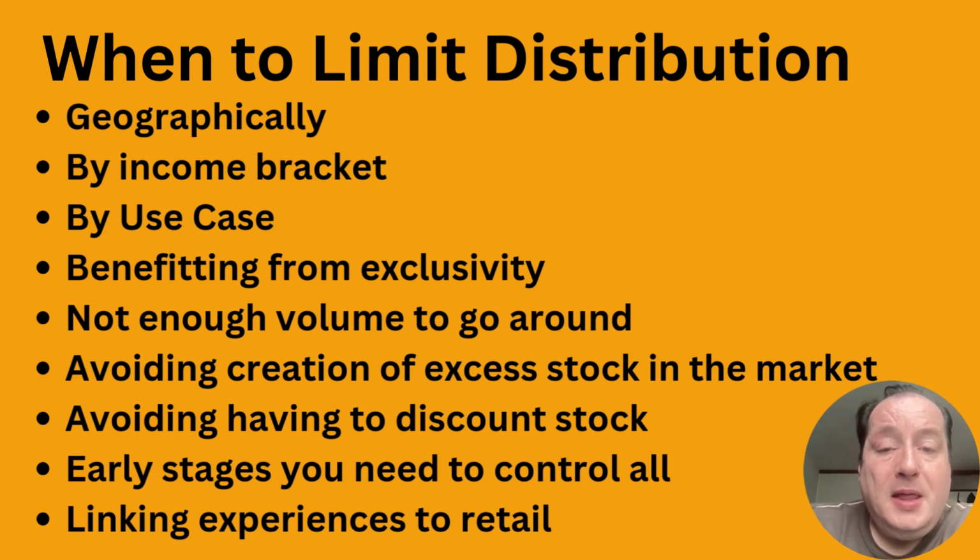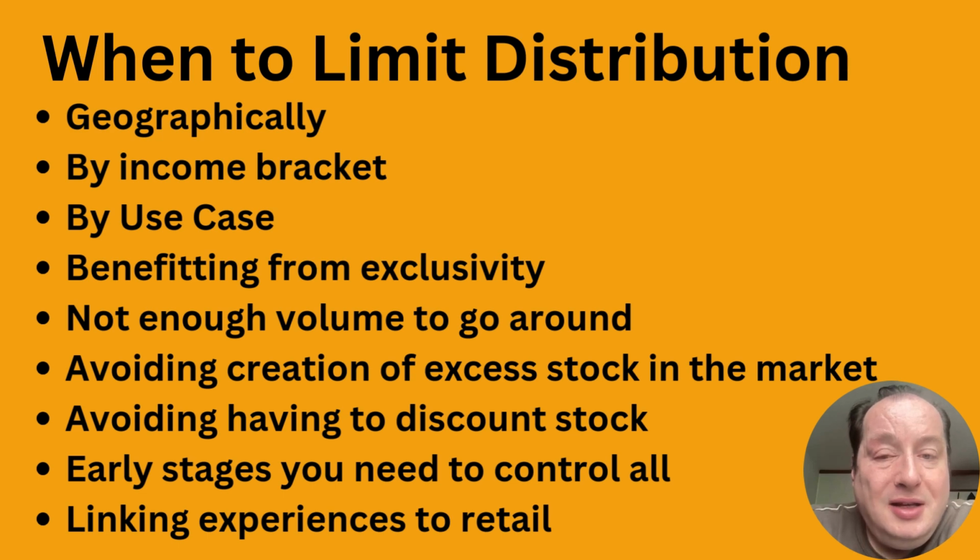Now, I think I already gave the example with the craft beer, but just in case: there is not enough volume to go around. Let's say one store could make a good living from your product, but if you add another store to it, that's the thing. If there are four stores in a row, you sell to all four, or you only pick one.